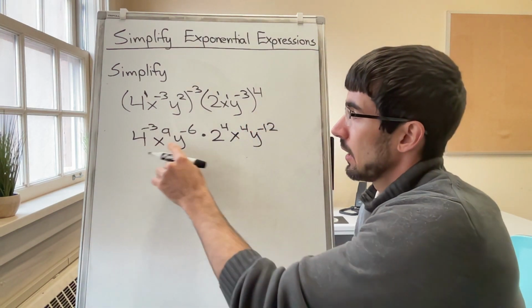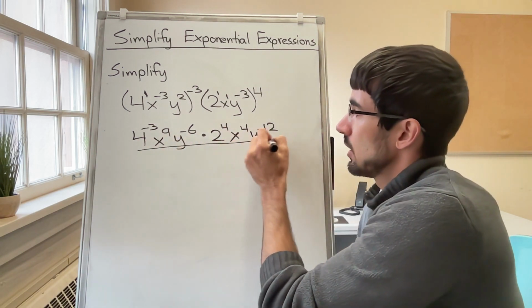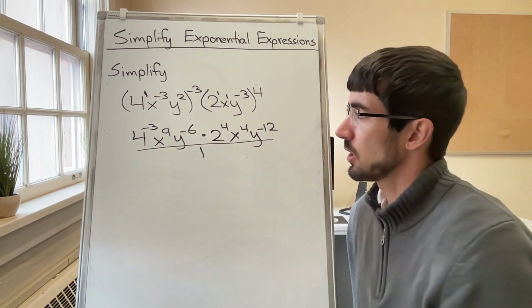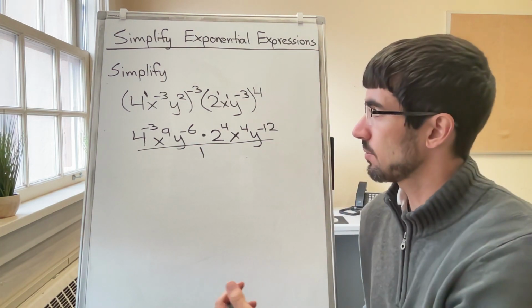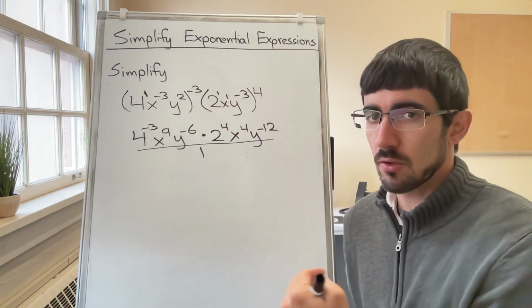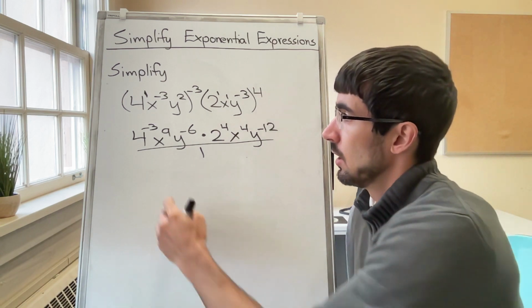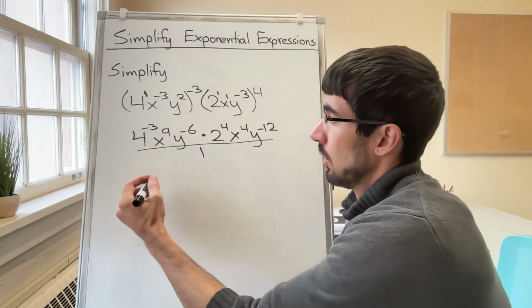Now I have some negative exponents here, and all of this is in one long multiplication. You can imagine a denominator of 1. Let's eliminate the negative exponents next by rewriting those terms so that those terms go to the denominator. So remember, 4 to the negative 3 is the same as 1 over 4 cubed.